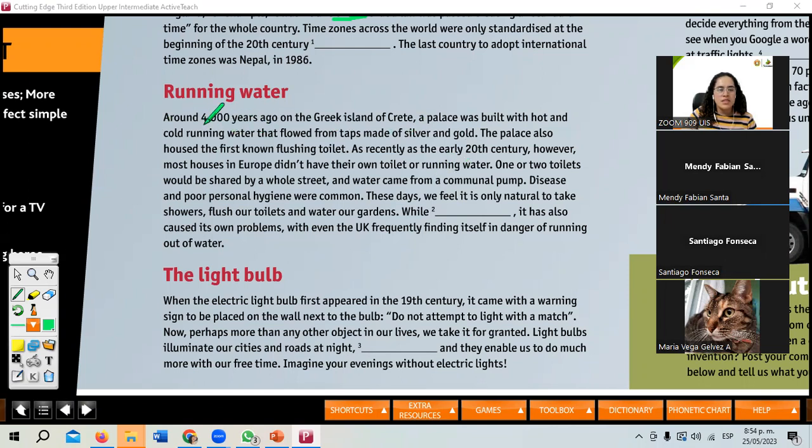Okay, I think it was this. Well, we have these dates, so 4,000 years ago, it was like the first flushing toilet and running water system was registered. And what is the problem that this solves, the running water?